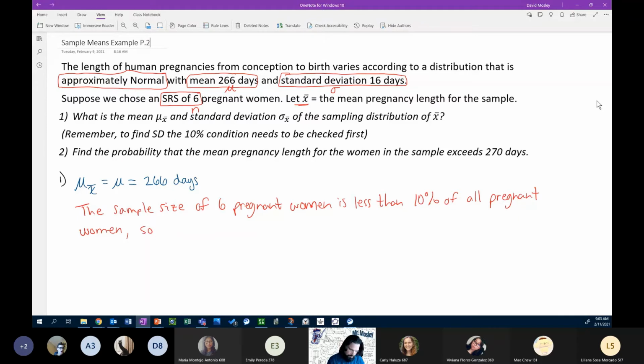So the standard deviation of X bar is equal to the population standard deviation divided by the square root of n, which is equal to 16 divided by the square root of 6. And we get 6.532 days.